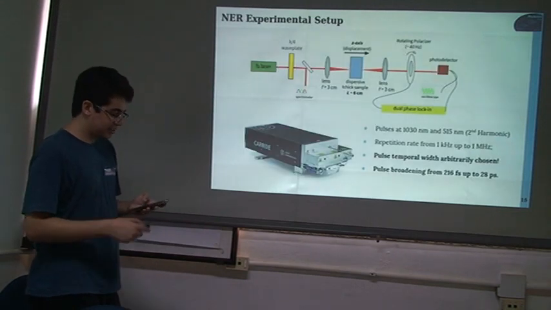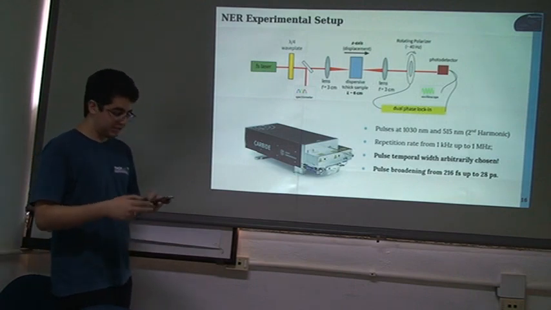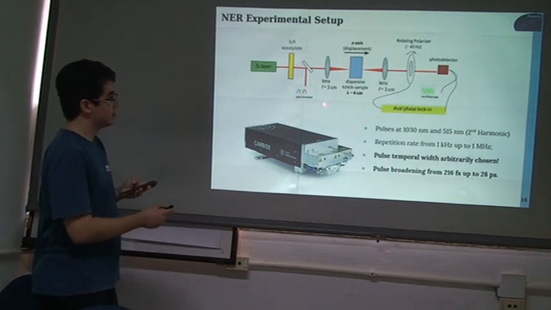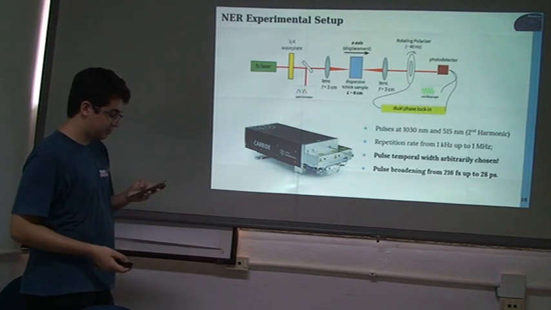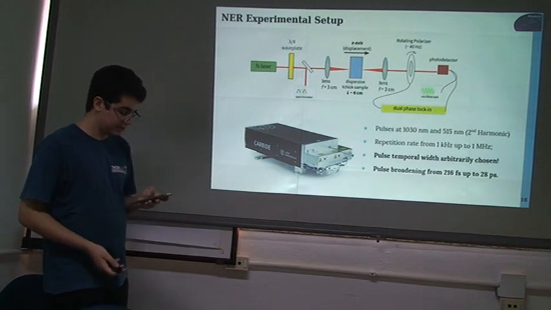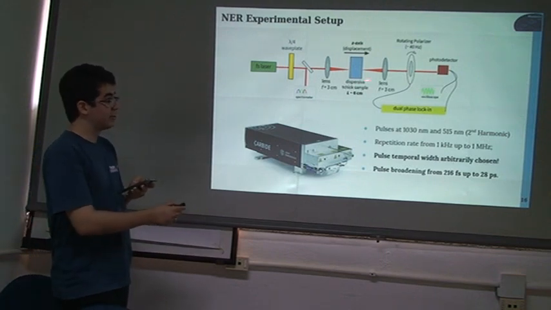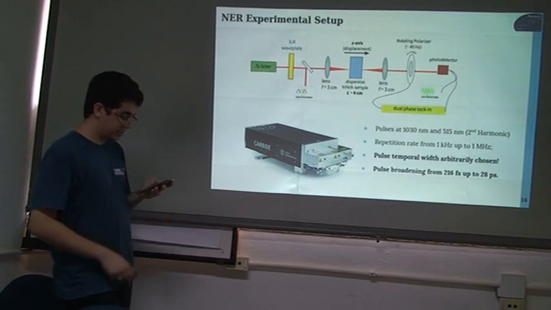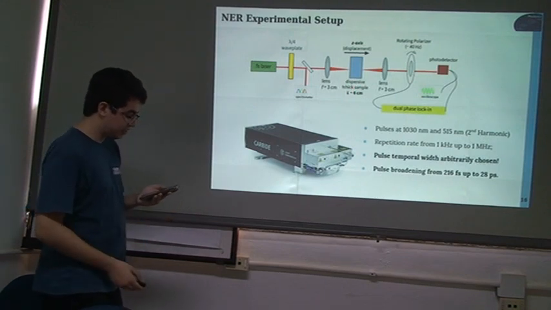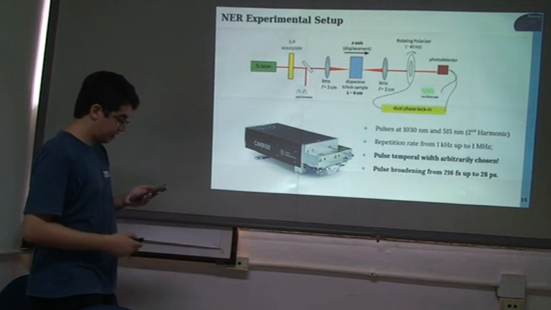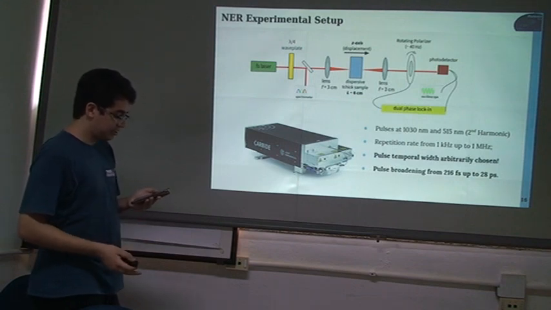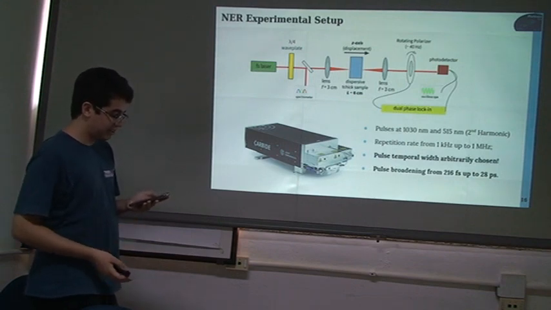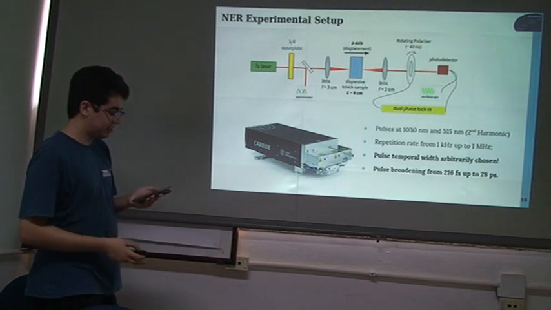So the experimental setup is similar to the one already shown in this presentation, with the difference of the use of a spectrometer to calculate the bandwidth of the pulse, and the use of thicker samples, on the order of centimeters. We operate a Light Conversion Carbide laser of femtosecond pulses at 2 different wavelengths, 1030 nanometers and 515 nanometers.